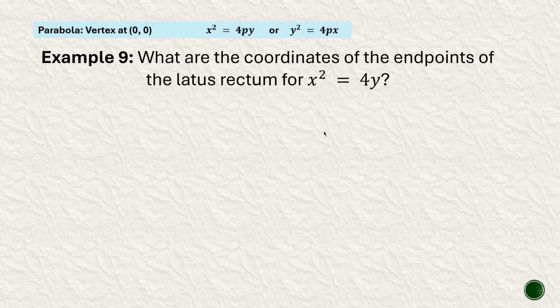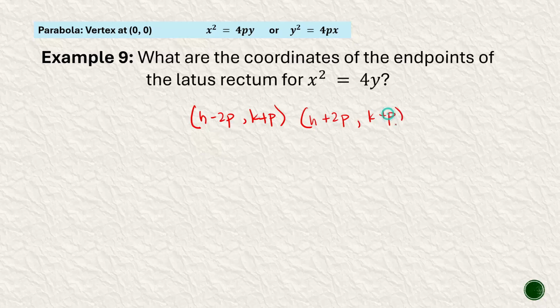So if the parabola opens upward, in general, the formula for the ends of the latus rectum are h minus 2p, k plus p. Again, this is the general formula, but we will simplify that later on because what we have here is a parabola wherein the vertex is at the origin. So h plus 2p, comma, k plus p.